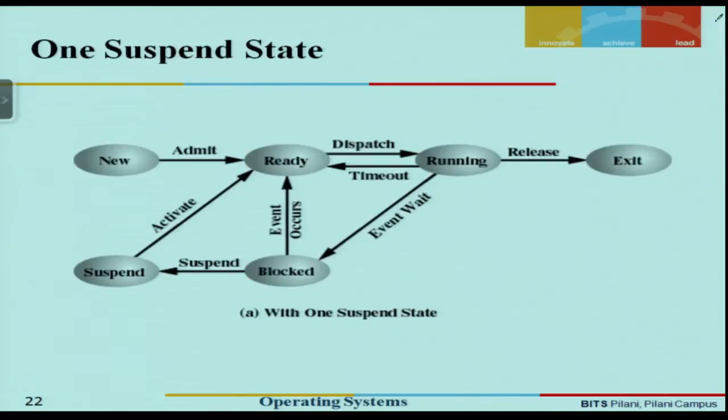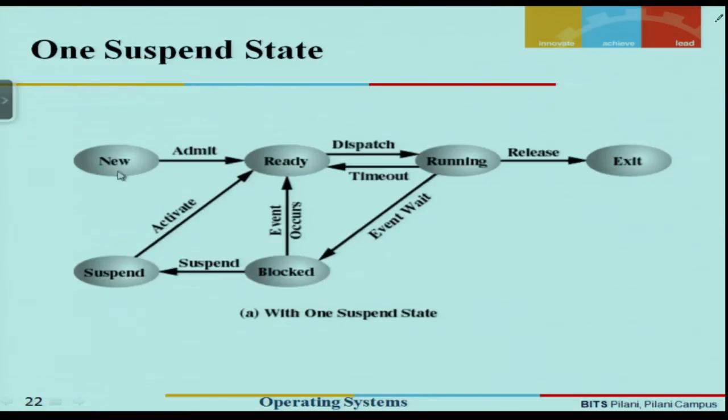So let us try to create this. We find that what we need to do is swap out a process. So now we have a process which is blocked and which is not in memory. So we create an additional state and we call it the suspend state.